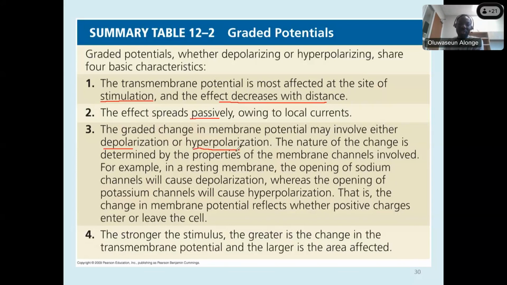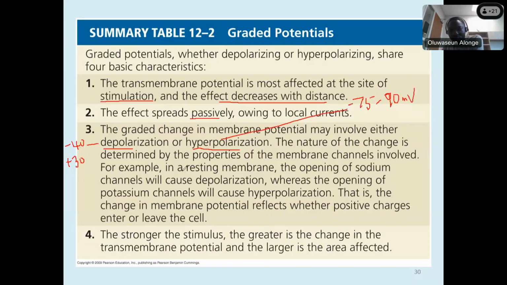Depolarization will be that it's now becoming negative 60, negative 55, negative 40, negative 20. Negative 40 will be depolarization, up to positive 30. Hyperpolarization will be up to negative 75, and it can go up to negative 90. All right.